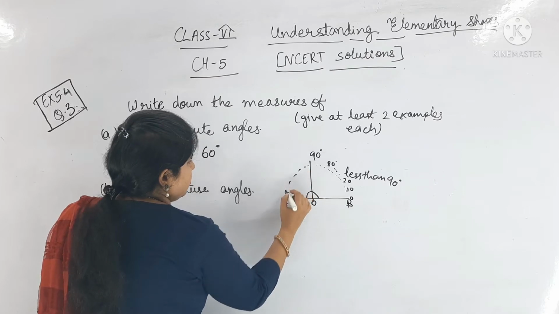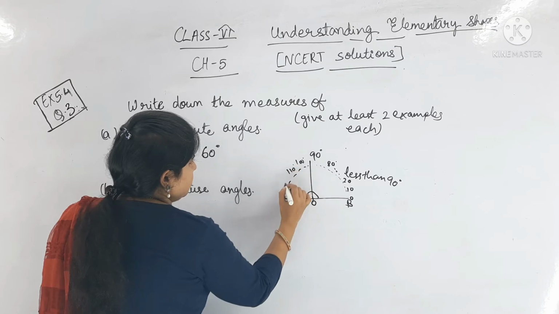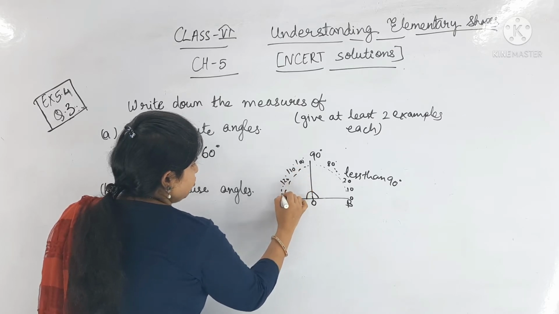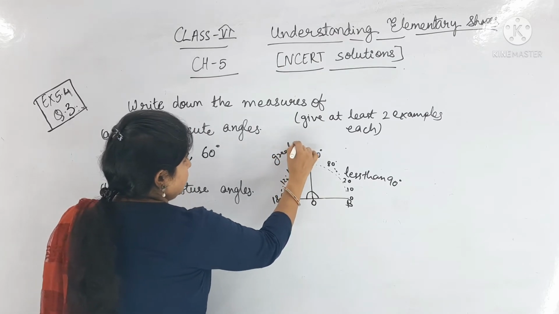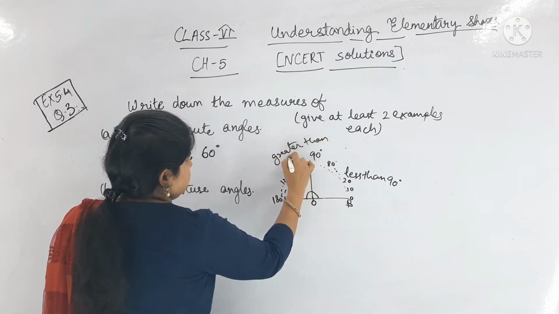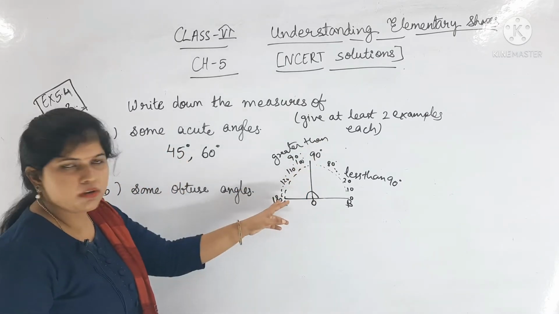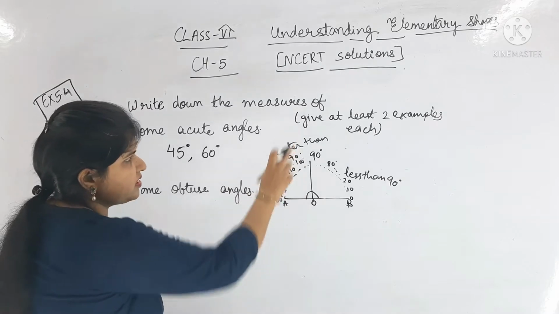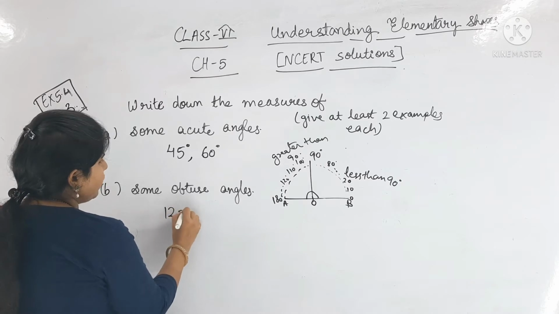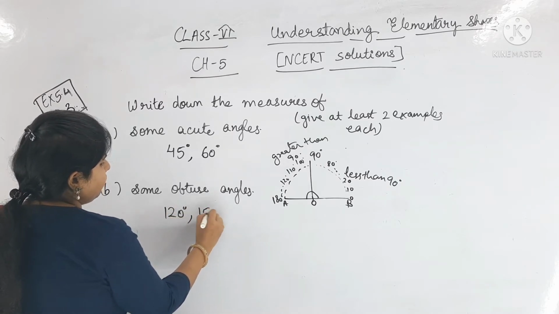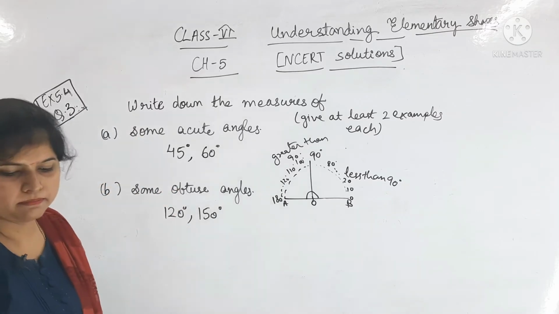So here 90, 100 degree, 110 degree, 120 degree like this up to 180 degree. So that is greater than 90 degree. So this is some obtuse angle. From here you can take any angle. Here it is written at least 2, so you have to write only 2. I am taking 120 degree and 150 degree. You can write any one. So this is your question number 3.